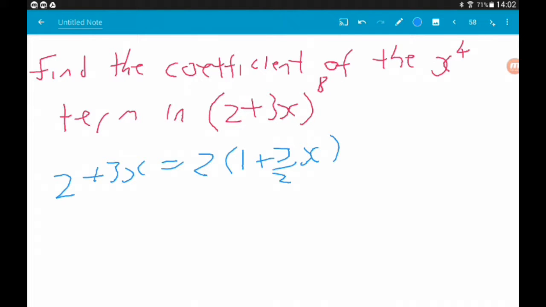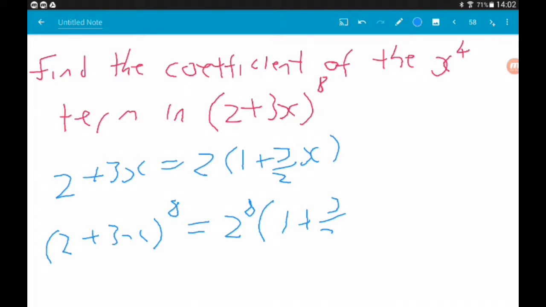So we can write then 2 plus 3x to the power of 8 as 2 to the power of 8 times 1 plus 3 halves x to the power of 8. So, if we were to do the whole expansion of 1 plus 3 halves x to the power of 8, we would then multiply every term by 2 to the power of 8.